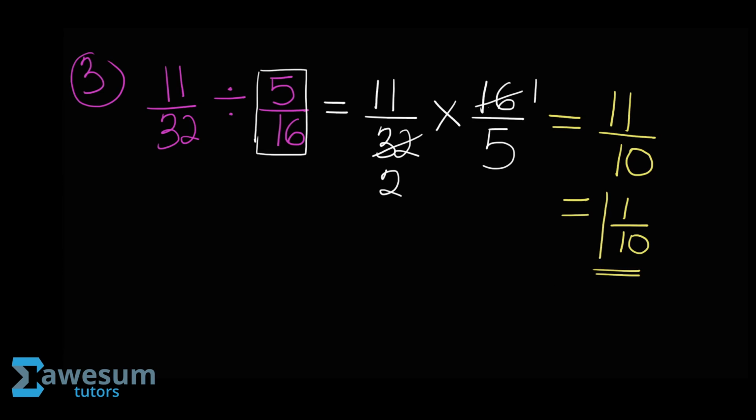Let us look at one more example in which one of the fractions is a mixed fraction. I have 4 whole number, 1 over 5 divided by 3. How do we solve this?